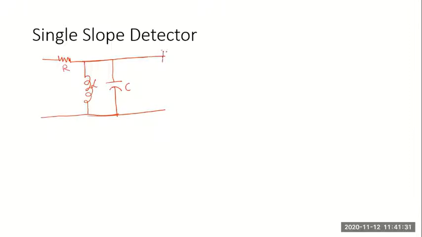And the output of this will be fed to a, can you tell me what circuit is this? Someone tell me what circuit is this? Yes? What is this circuit?